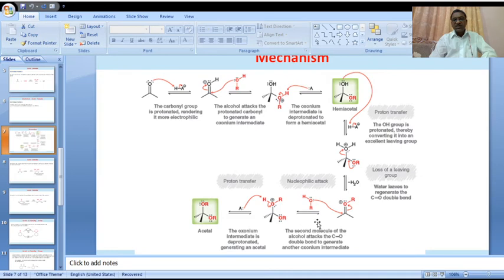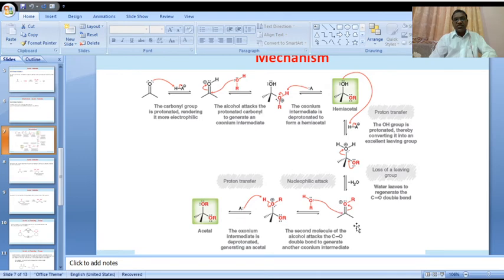The second alcohol molecule attacks the C=O double bond to generate another oxonium intermediate. The first oxonium intermediate is formed after attack of the first mole of ROH.